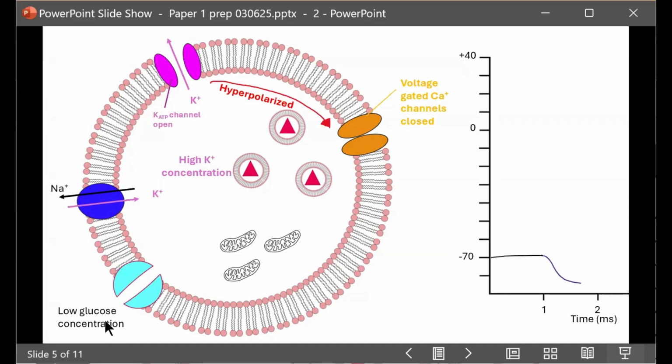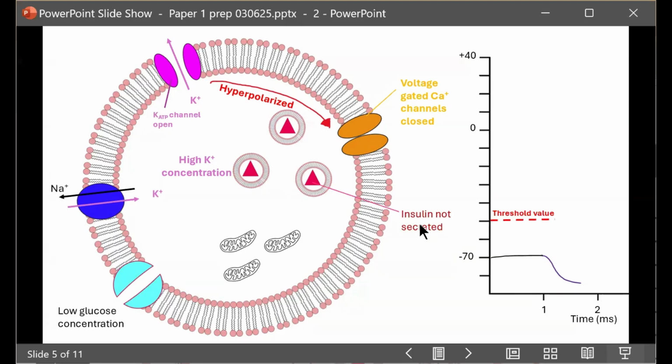So when I have low glucose concentration, I therefore am not going to open my voltage gated calcium channels because I'm not going to release the insulin, because insulin is about lowering the glucose concentration further. So we need to ensure that our blood glucose concentration is maintained at the correct level.